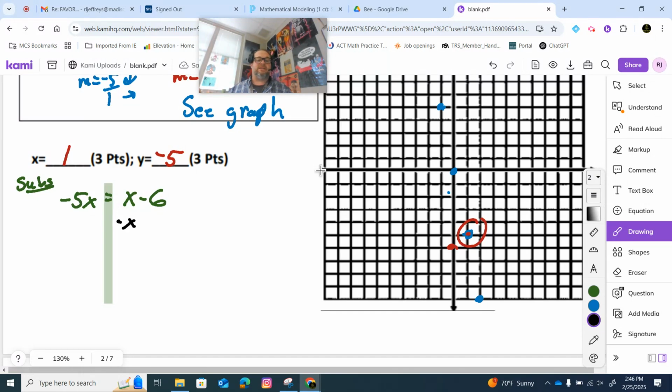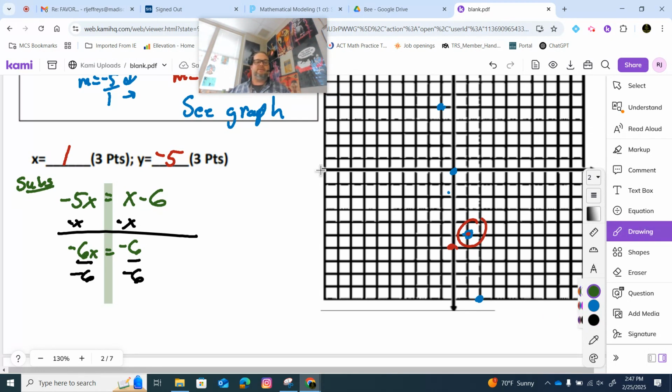Main reason why is like what I said yesterday. There were no fractions. If Mr. Jeffries sees y equals and no fractions, bam, I'm using substitution. But that's just a Mr. Jeffries thing. Six, negative 6.